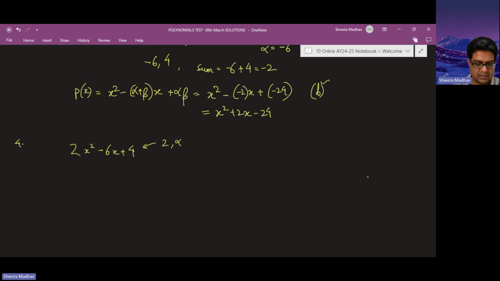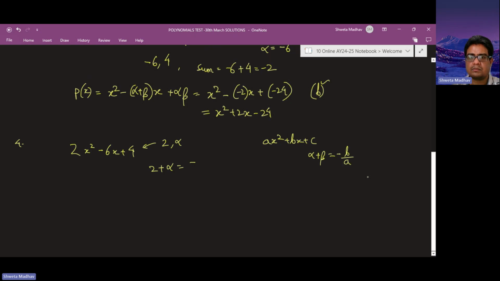If the quadratic polynomial is ax square plus bx plus c, then the sum of the zeros, alpha plus beta, is given as minus b by a, and the product of the zeros, alpha into beta, is given as c by a.